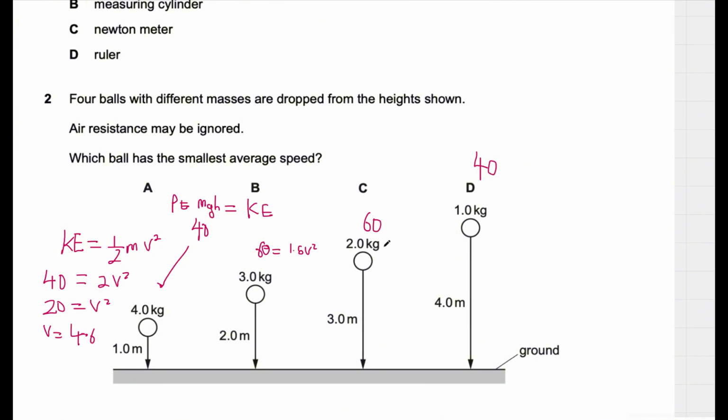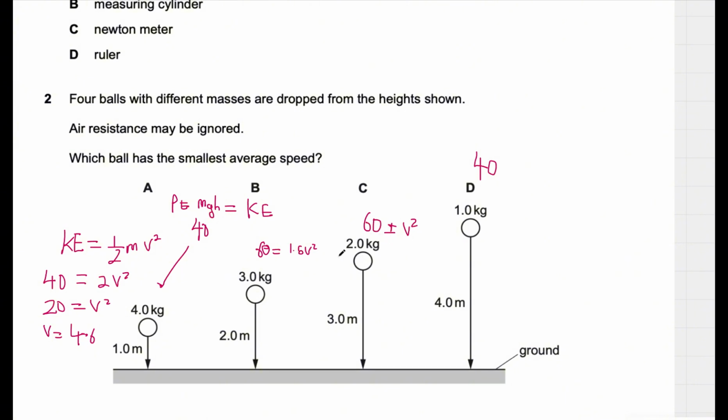Same for the next one. The mass is 2, half of 2 is 1. 1 times v squared equals 60, which is v squared. So find the square root of 60.